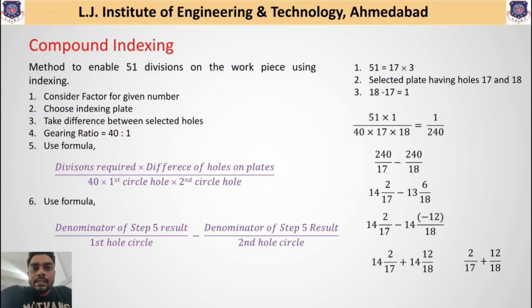So finally I am repeating the interpretation because this will be helpful to write in the exam also, and the interpretation of the final answer needs to be written in the exam because it is much more important. So the final interpretation is, first rotate the crankpin through 2 holes on the 17 holes indexing plate in clockwise direction.